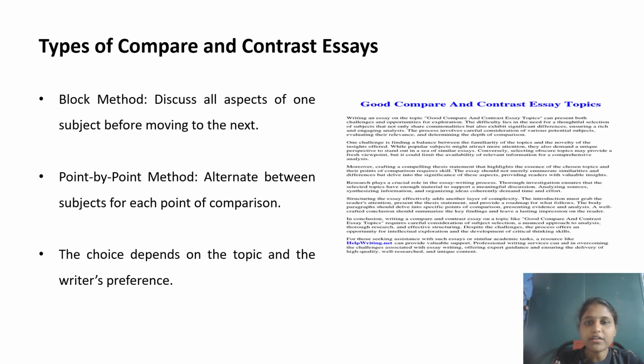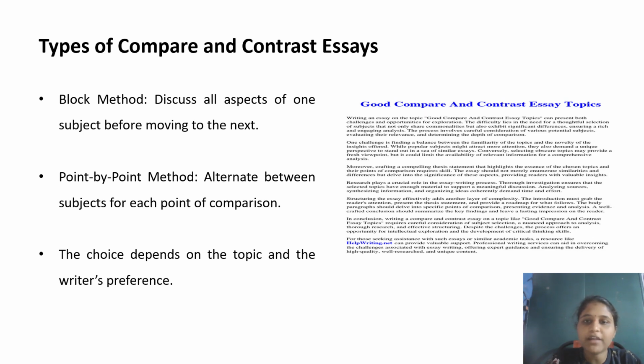Types of compare and contrast essays. These essays commonly have the block method and the point by point method. Block method means discussing all aspects of one subject before moving to the next, which means it will discuss the aspects in more detail before moving to another subject. Point by point method means alternating between subjects for each point of comparison.